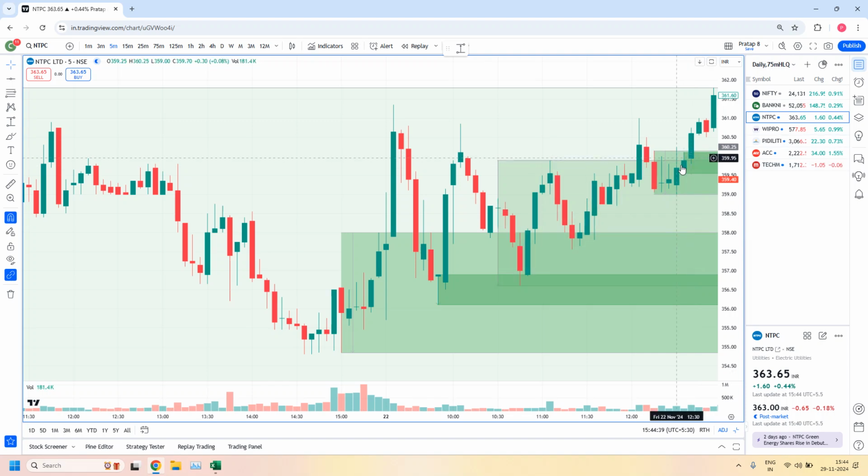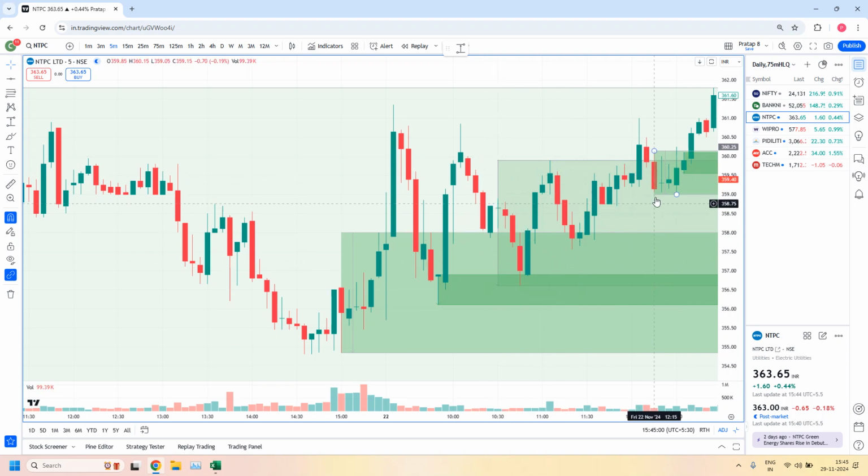This is a fine-tuned 5-minute zone. This fine-tuned 5-minute zone inside the 75-minute zone. This is again inside 75. See, 5 minutes inside 15, 15 inside this 75.